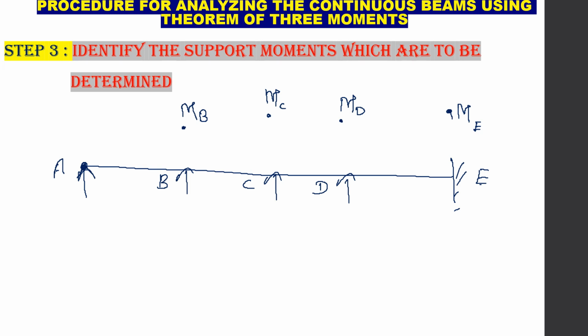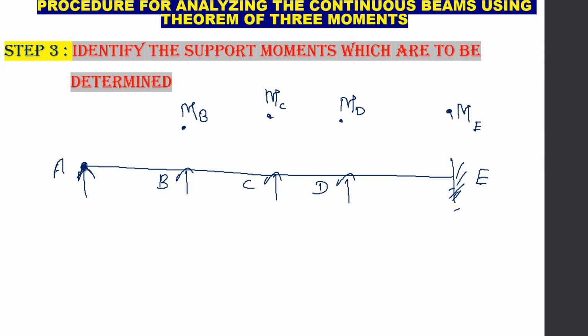The end support A is simply supported, so the moment will be equal to 0. The end support E is a fixed support, so the moment is not equal to 0. You will have a moment ME. So now our aim is to find MB, MC, MD and ME.